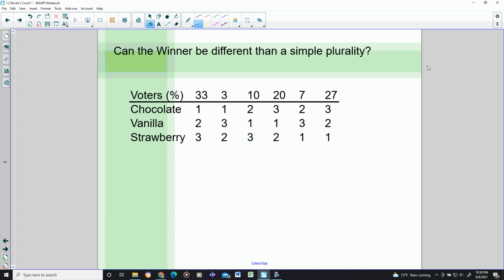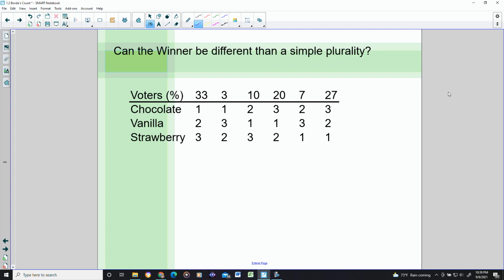So here's the situation. Again, we have ice cream, because why not? We're going to vote on ice cream, and this time we'll make a simple election between chocolate, vanilla, and strawberry. We will look at the voters just like before and tabulate all the results.